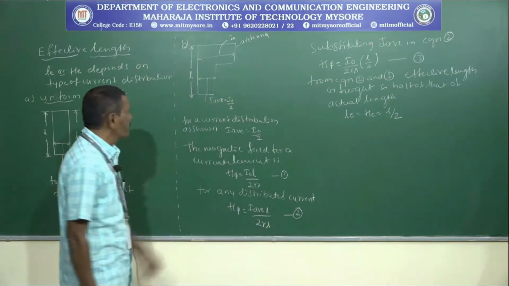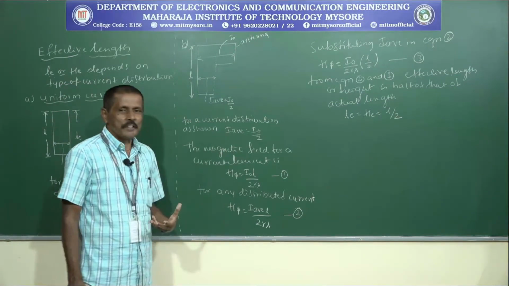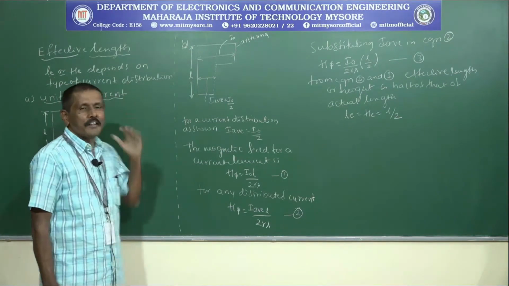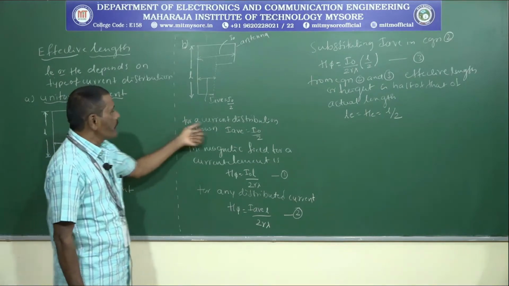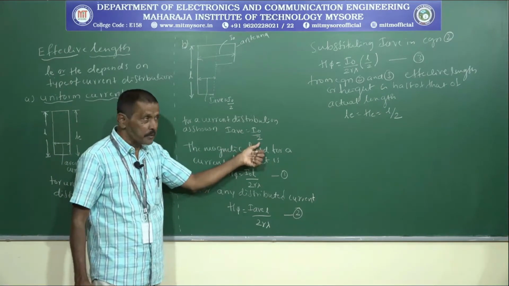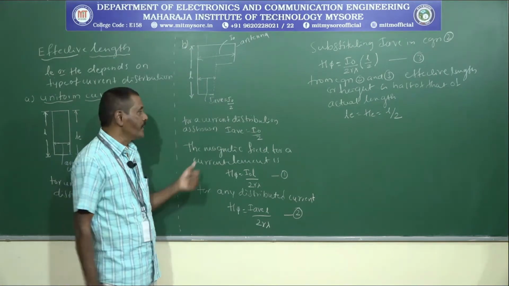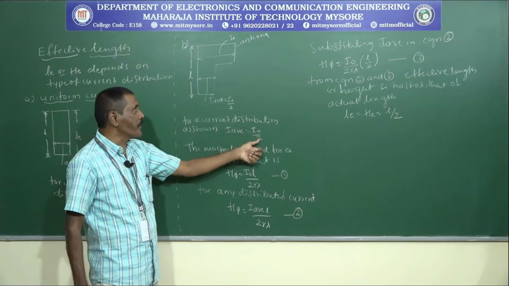Now consider the second case. Here the current distribution is not uniform. For a current distribution as shown, I average equal to I0 divided by 2. So the average current flowing through the antenna is equal to I0 divided by 2.